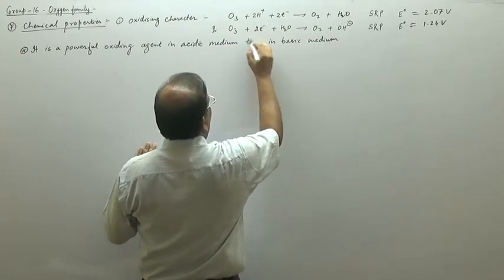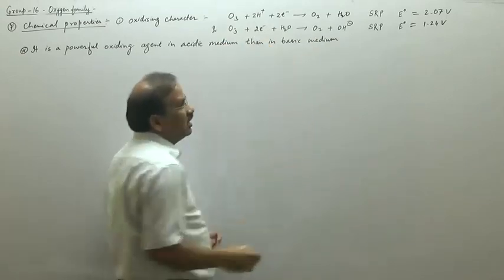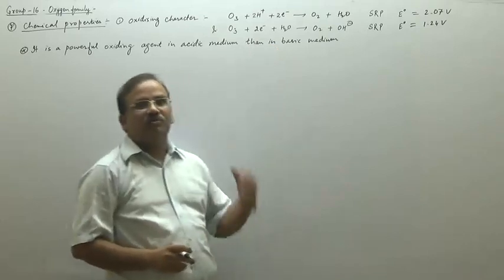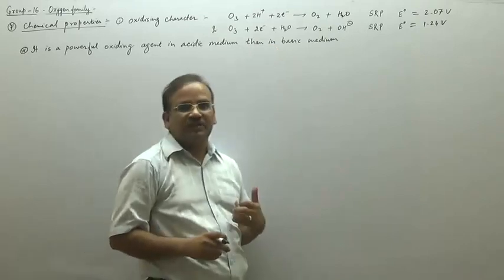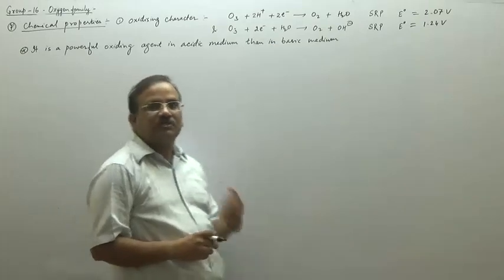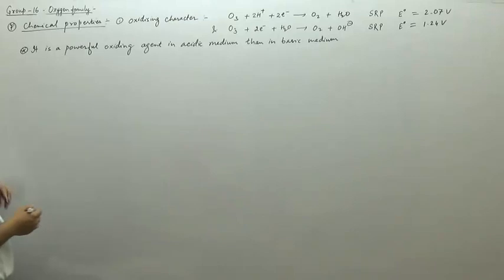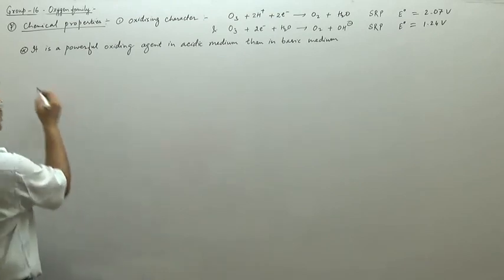That is how we can explain on the basis of SRP value, because SRP value means tendency to gain electrons. Tendency to gain electrons means its oxidizing character, because oxidizing agents are those which have tendency to gain electrons. So we can write that it is a powerful oxidizing agent in presence of acidic medium.